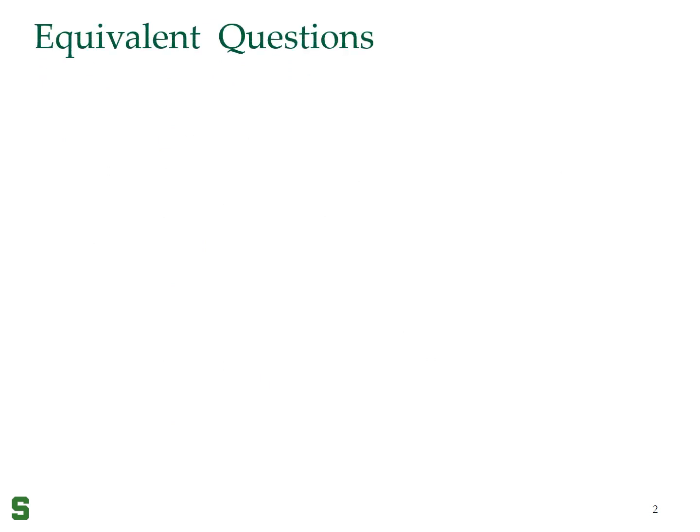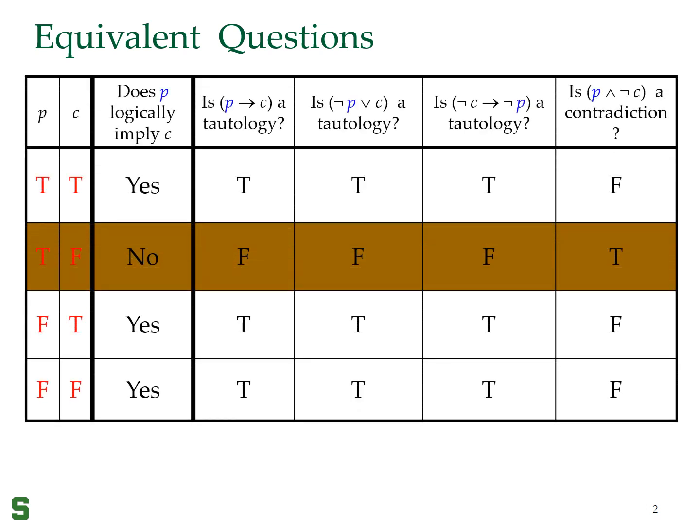The reason the questions that I had on the previous slide are equivalent is because of this truth table. So what do we have to do when we want to prove P logically implies C? We need to see if there is any scenario where P is true and C is false.